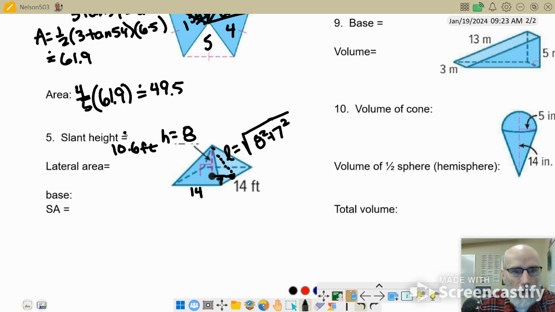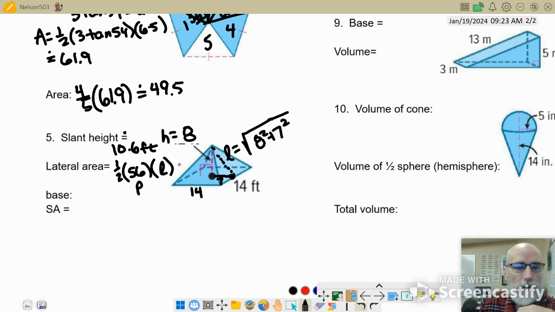And I'm going to put a little dot over the equal sign. Lateral area is going to be 1/2 the perimeter, so 14 plus 14 plus 14 plus 14 would be 56. That's the perimeter right there, 4 14s.